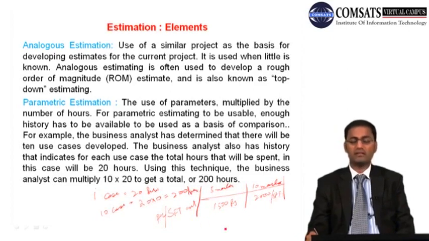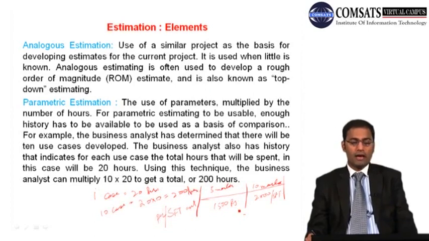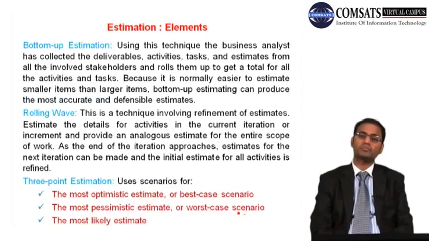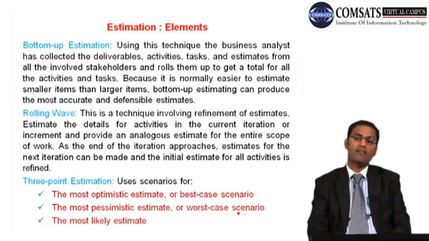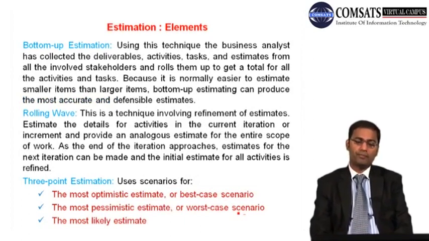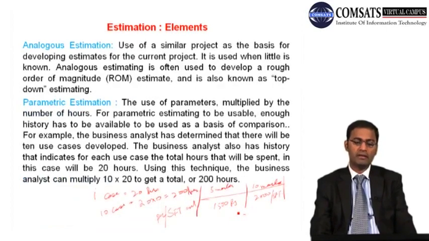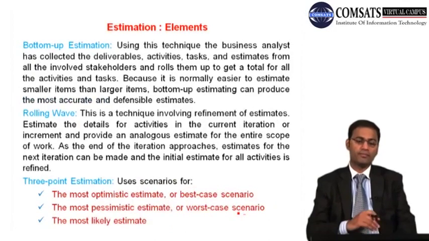So this kind of standard can be used. For parametric estimation, we can have accuracy of minus 10 to plus 15 percent or something like that. And then we are having a very accurate approach, and that is bottom-up estimation.